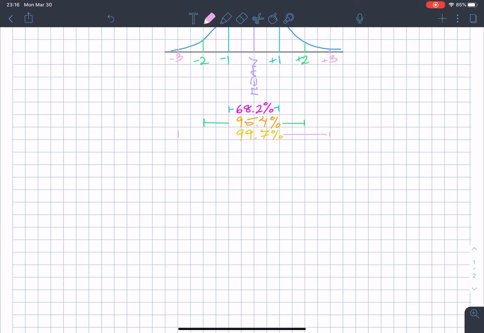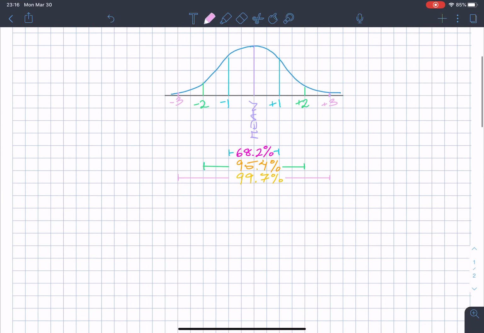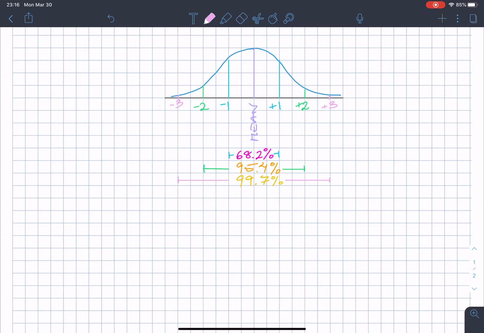So anything outside of that is going to be an outlier. Okay, so hopefully that makes sense.